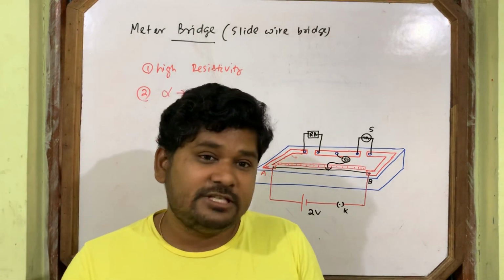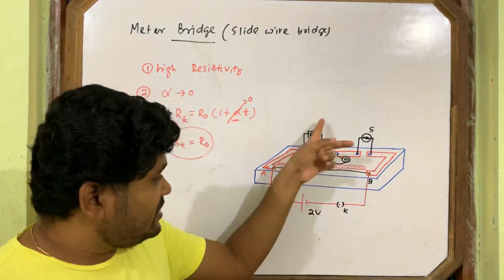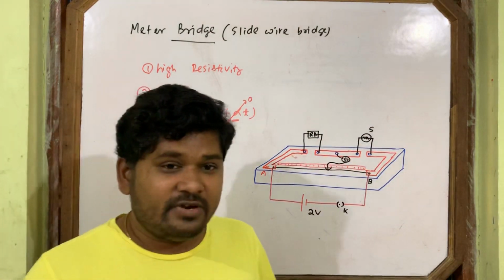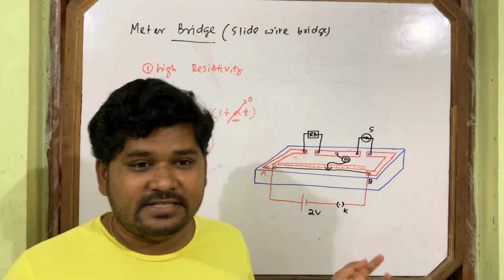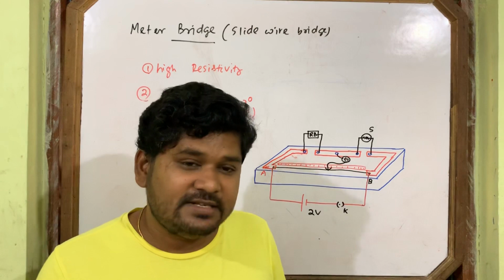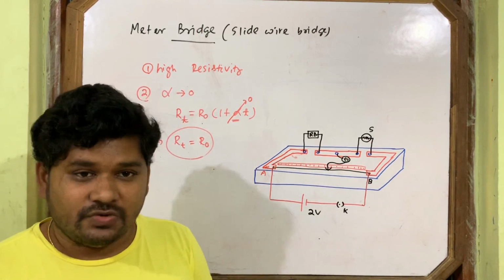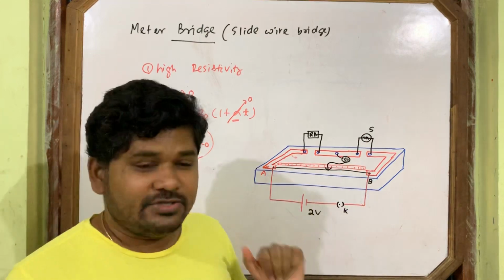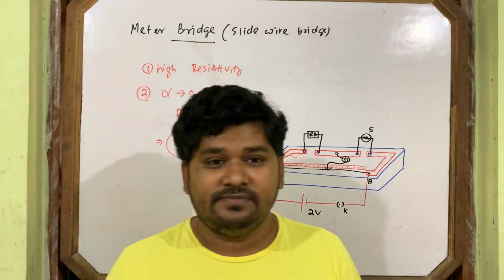Another thing is that resistance will also change. If resistance changes, you will not get accurate data in your experiment. Resistance varies with temperature. Whatever resistance is there now, after some time when temperature rises, resistance will be different. Your data will vary. So this wire is chosen so that resistance doesn't vary with the temperature.